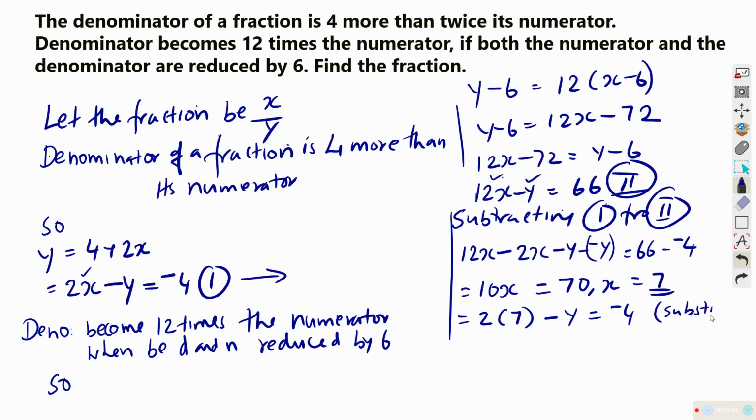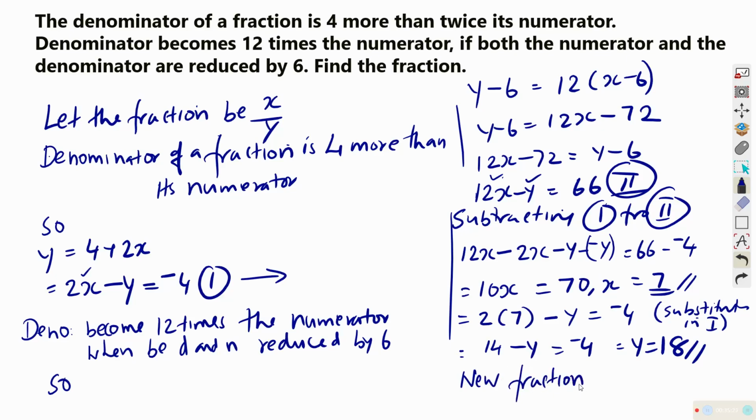That means y is equal to 18. You can substitute 18 in any other equation. y you got, x you got. So naturally the fraction x upon y will be 7 upon 18. Okay, this kind of questions also can come in the board exam.